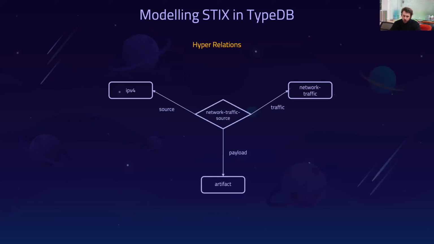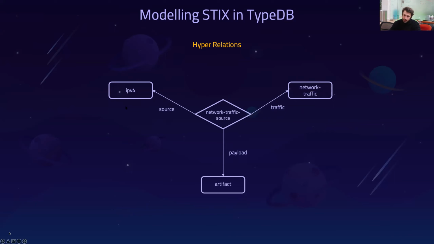And another example of some of the data constructs that TypeDB supports are hyperrelations. So one of the things that we modeled is a network traffic source. We modeled a network traffic source relation that has an object, an entity here called network traffic, that plays the role of the traffic, of course. There's a payload, the artifact, and there's a source.